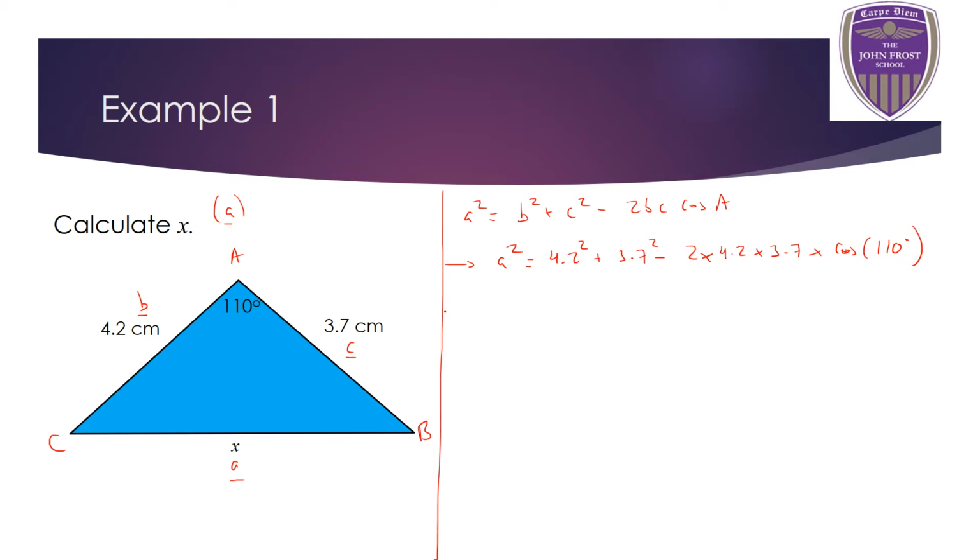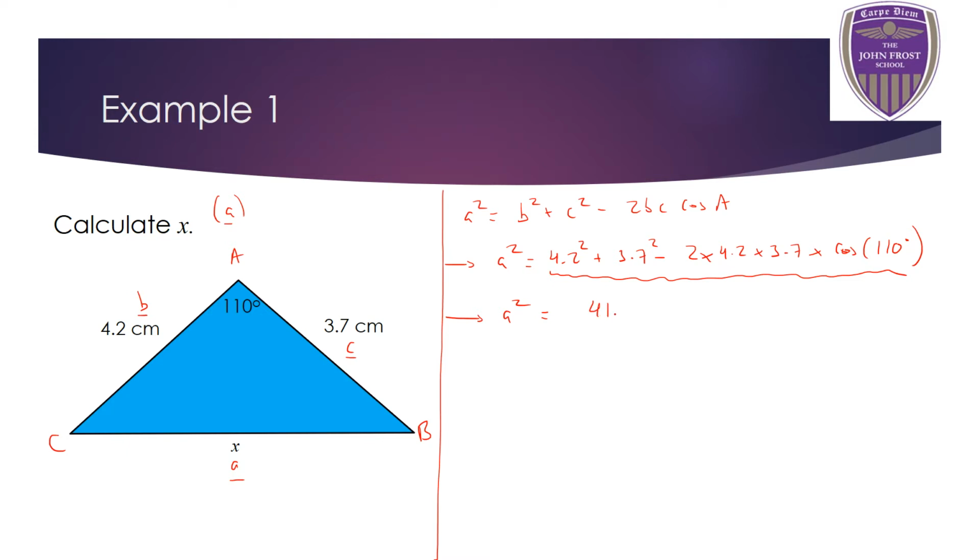All right, now I would actually work out on a calculator this massive lump here, okay? So just leave the A squared alone and put that in the calculator and leave it on the screen. So 4.2 squared plus 3.7 squared, take away 2 times 4.2 times 3.7 times cos 110. It's going to be horrible. So leave it on the screen.